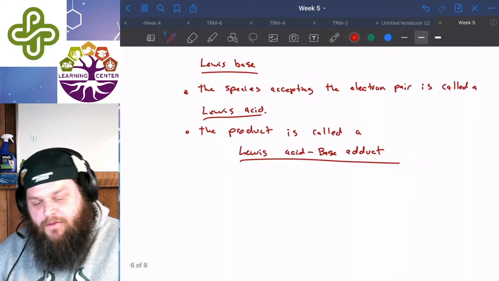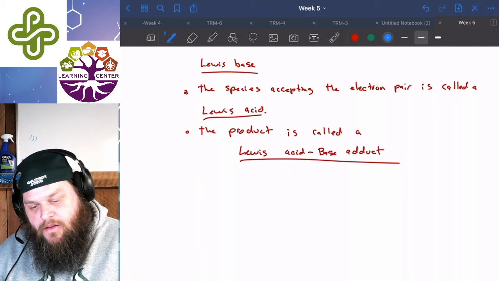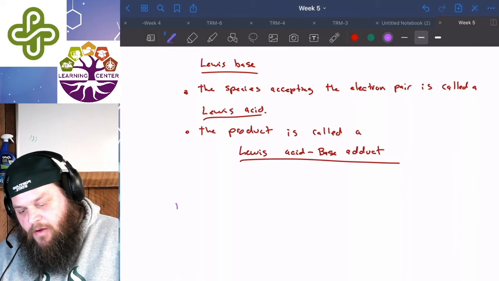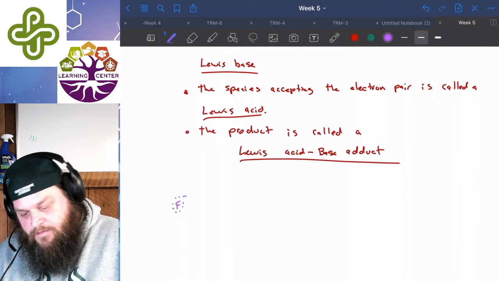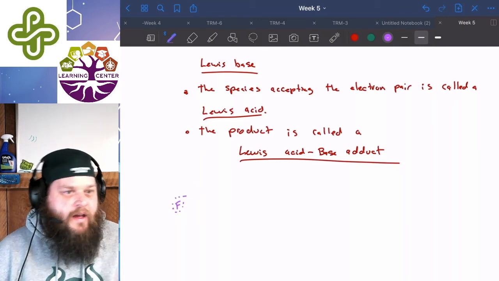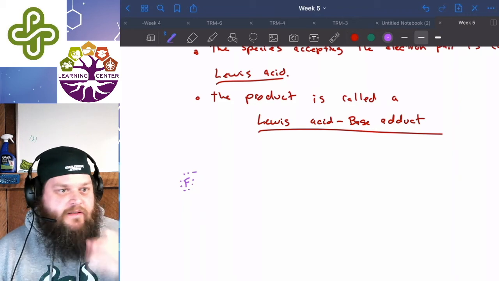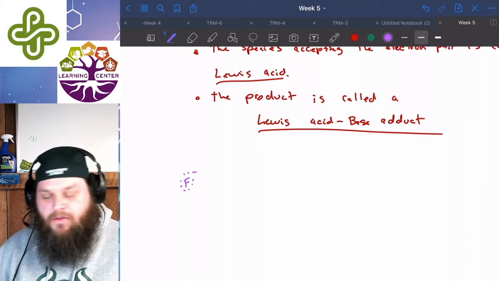An example of this is with the fluoride ion. This is a fluoride ion that's negatively charged. It's got four pairs of lone pairs around it.